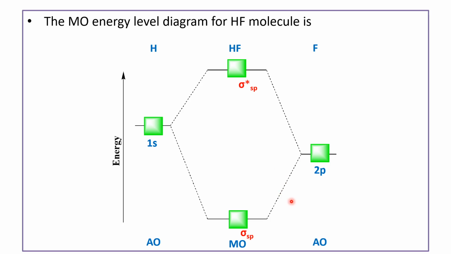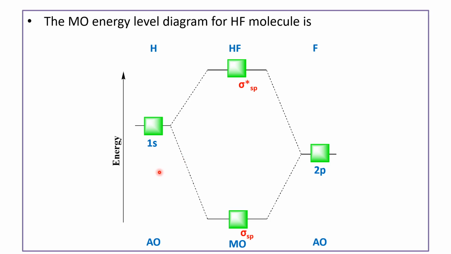Now from the figure we can say that the bonding MO, that means this sigma sp, is nearer or closer to the 2p, which is the 2px orbital of the fluorine atom, and hence it has more character of the 2px orbital, right? Similarly, the antibonding MO is the sigma asterisk sp. This antibonding MO is closer to the 1s orbital of the hydrogen atom, so it has more character of the 1s orbital.